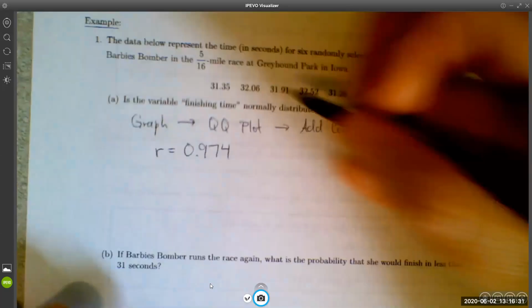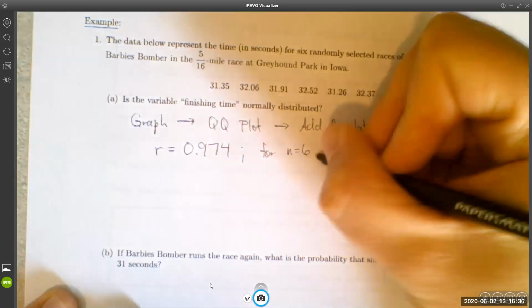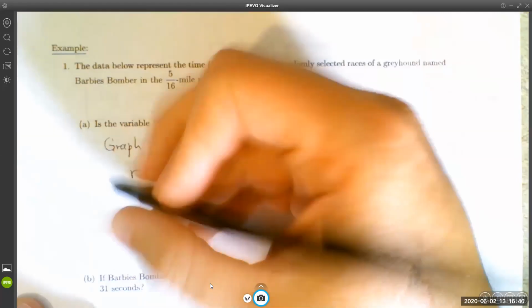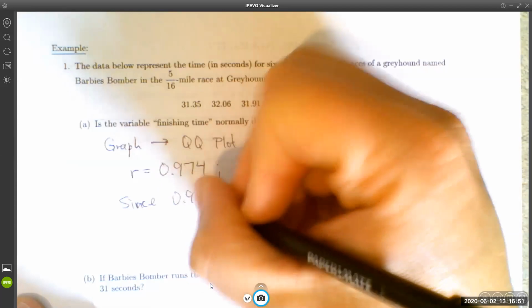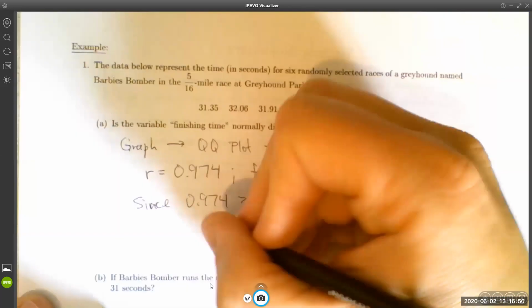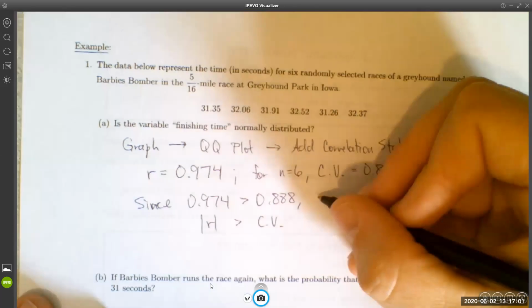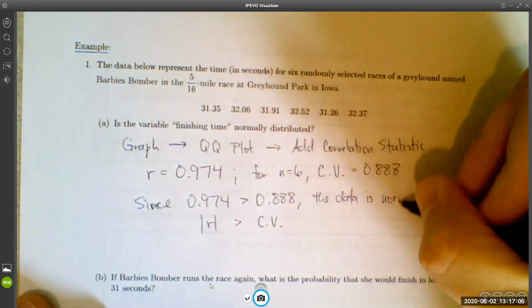So we say for n equals 6, the critical value is equal to 0.888. Since 0.974 is greater than 0.888, since r is greater than the critical value, the data is normally distributed.